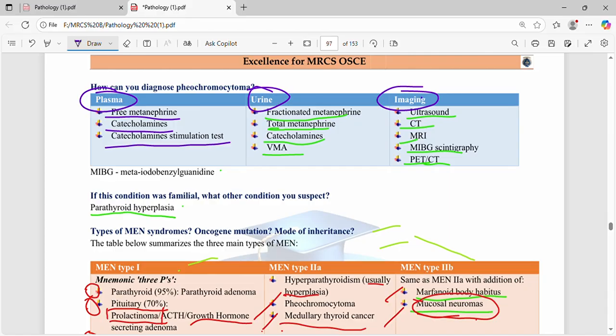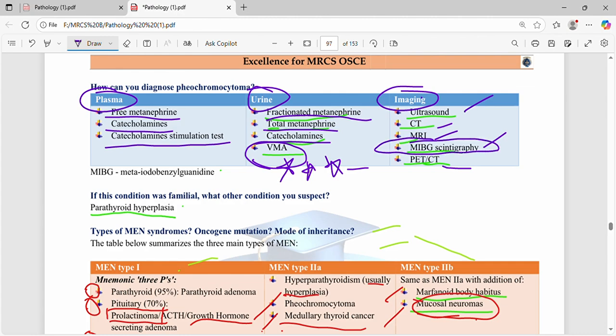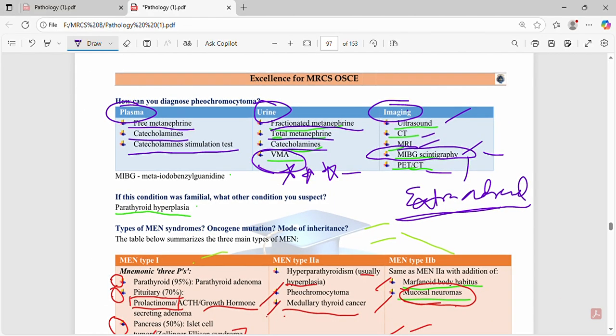In urine, we have fractional metanephrine, total metanephrine, catecholamines, and VMA, vanillylmandelic acid, which is commonly used. And imaging: ultrasound, CT scan, MRI, MIBG scintigraphy, PET CT. MIBG scintigraphy is most commonly used for extra-adrenal tumors or those which cannot be located.